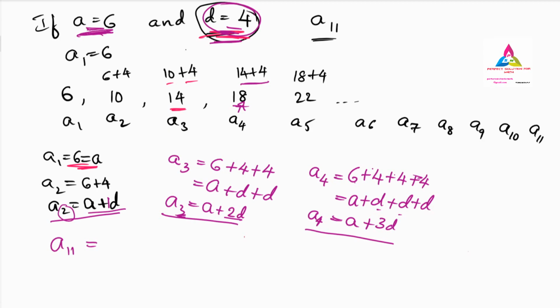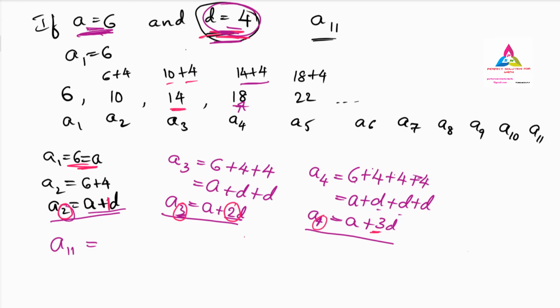When finding the second term it is 1d, the third term 2d, the fourth term 3d. So 3 means one less than 4, and the second term is 1d.